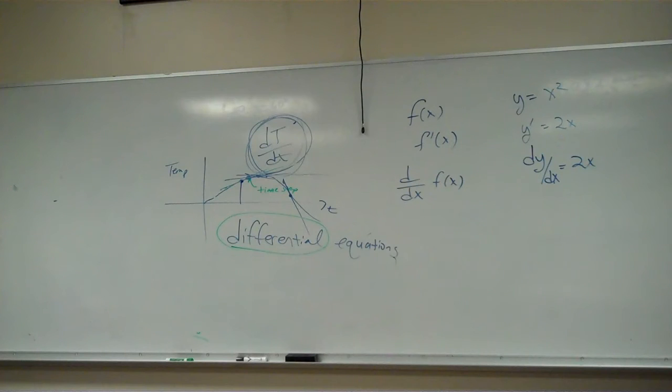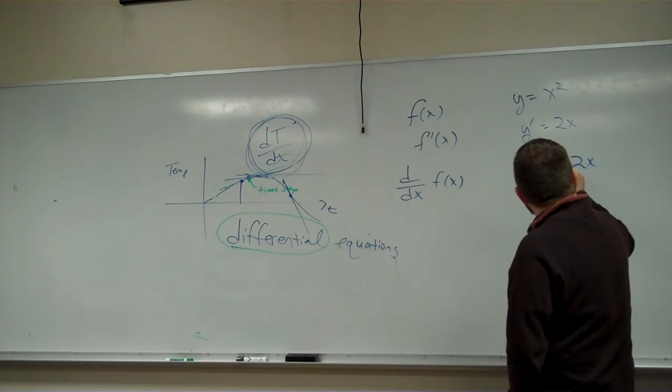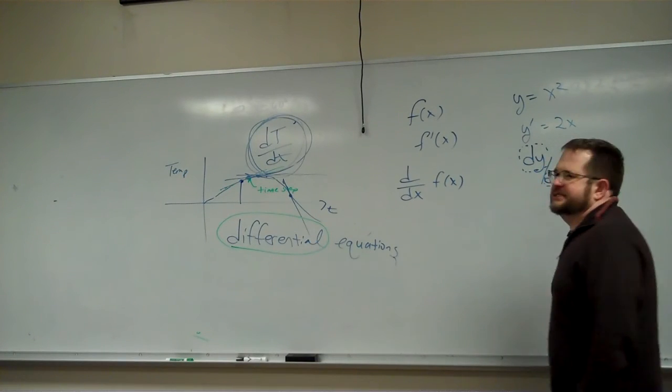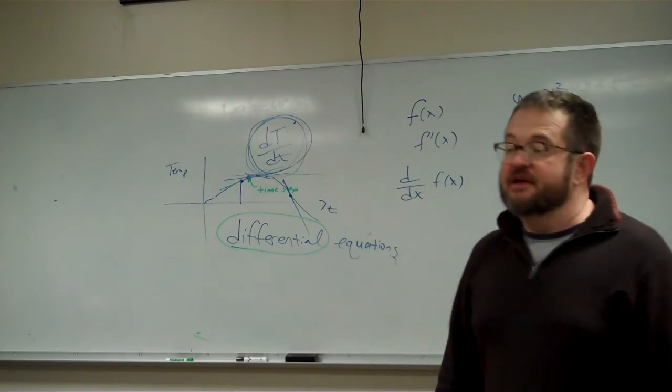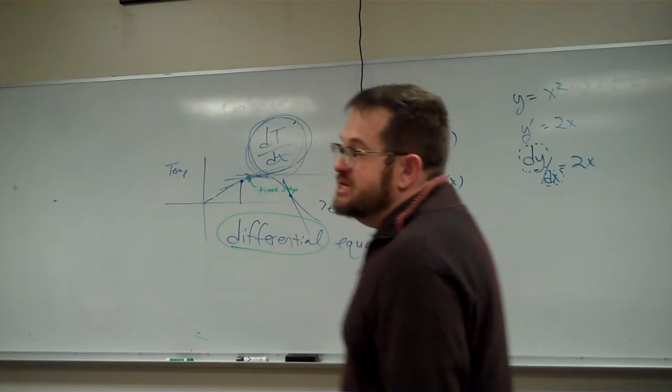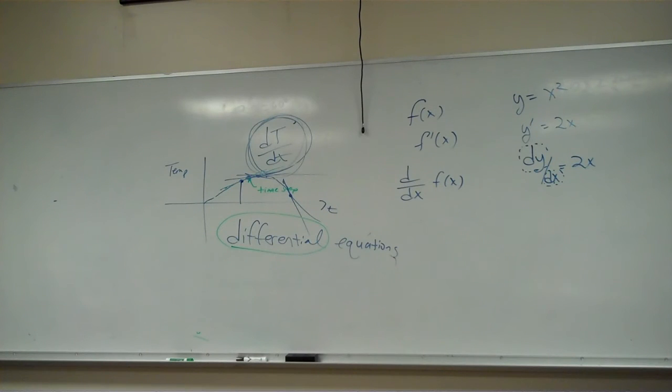What your book means by differentials is dy and dx. And the book tells you, okay, first off, don't think that's like a fraction, like you can cancel the d's out. It's just a notation. Okay? dy is a thing. dx is a thing.